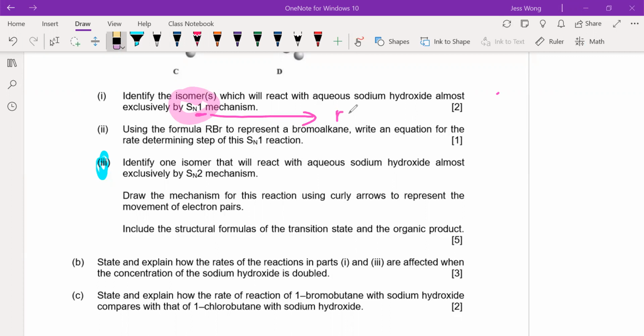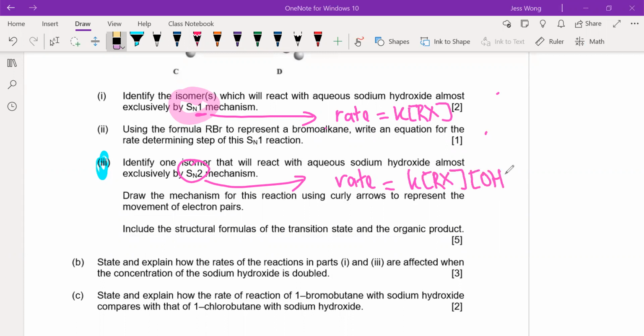That means in the rate equation, there is only the halogenoalkane, one molecule. This is SN2, with the 2 over here meaning bimolecular. That means in the rate equation, we will have 1 mole of RX and 1 mole of OH minus. So it's bimolecular, 2, because of 2 molecules in the rate determining step.